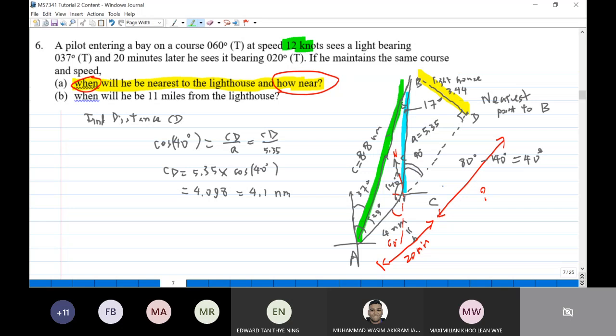So time taken from C to D. How to find the time? Speed is equal to distance over time. So distance is 4.1, time I don't know, and the speed is 12 nautical miles per hour.